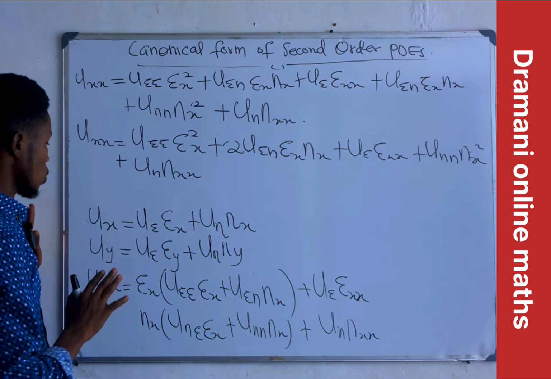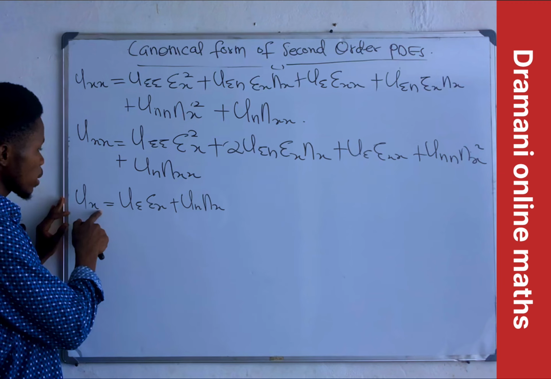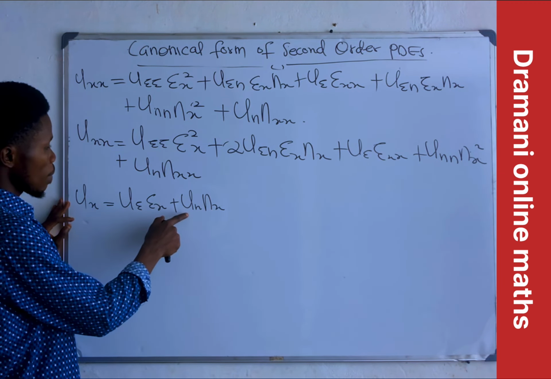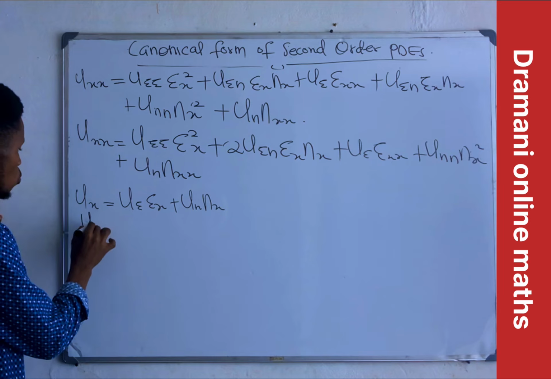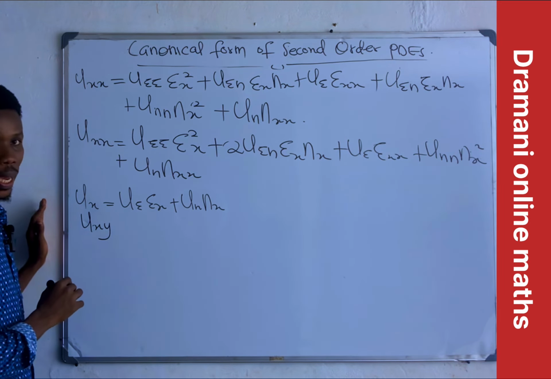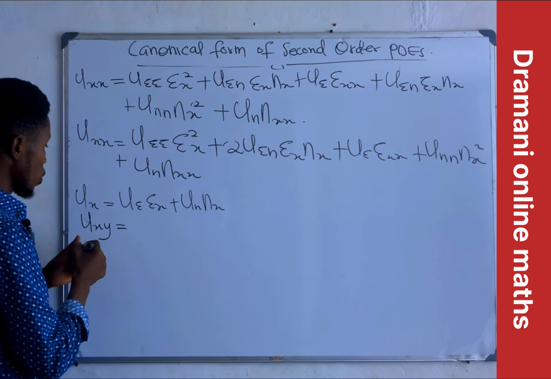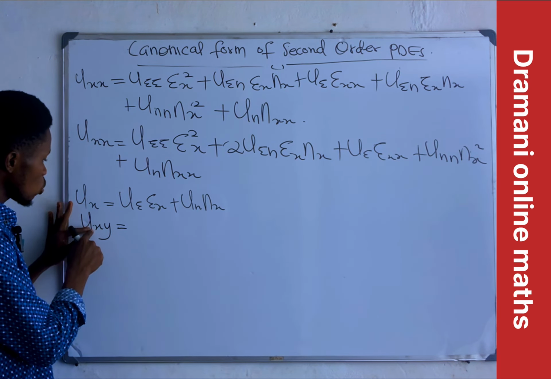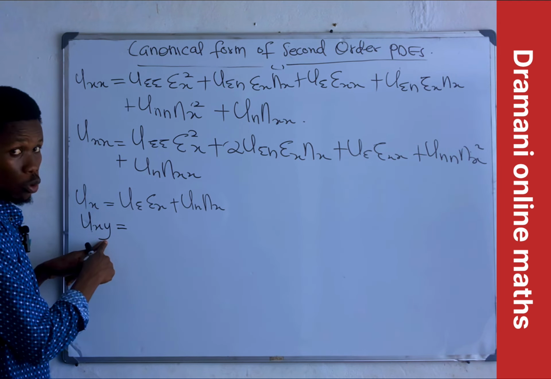That's all. Okay, now moving to the next one, we already know u x to be u xi x plus u eta x, right? So if I want to find u x y, what I'm going to do is that u x is already this one, so I'm now going to differentiate it with respect to y.